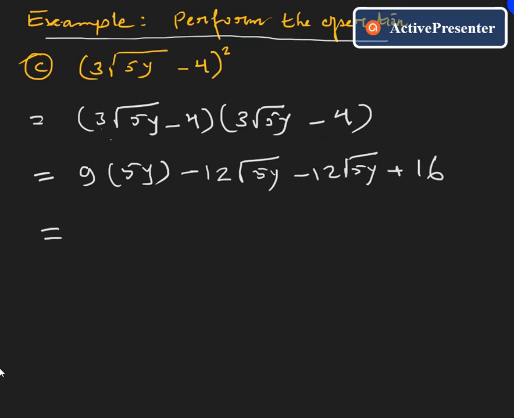So this is equal to what? 45y minus, now we have like radicals, so we will use the distributive property, so it should be minus 24 square root of 5y plus 16. And we are done.